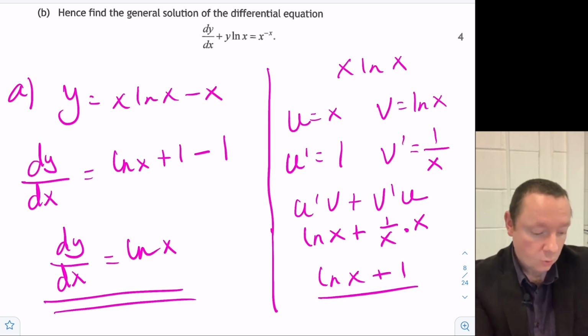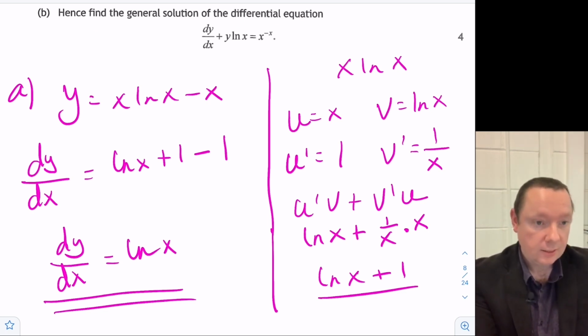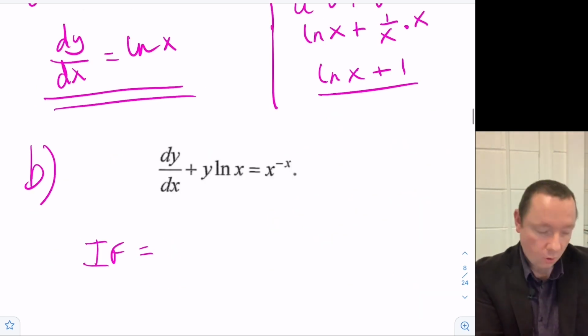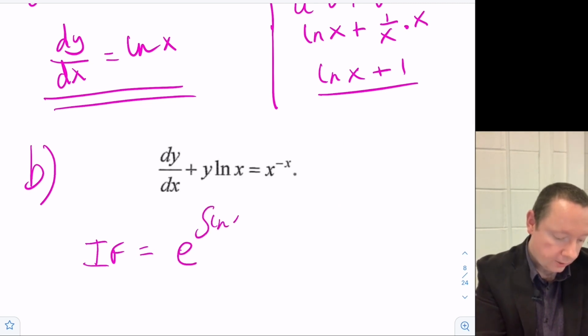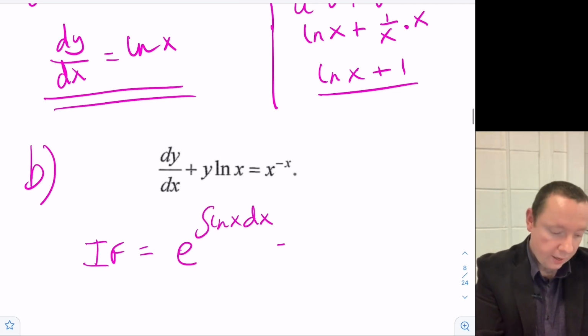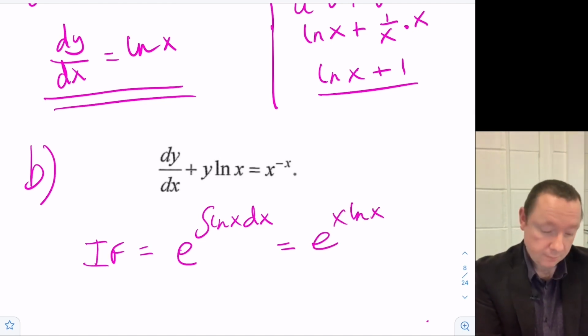dy by dx plus y log x equals x to the power of minus x. So our integrating factor from part A is simply going to be e to the power of the integral of log x dx, and we know then that is just going to be e to the x log x minus x.